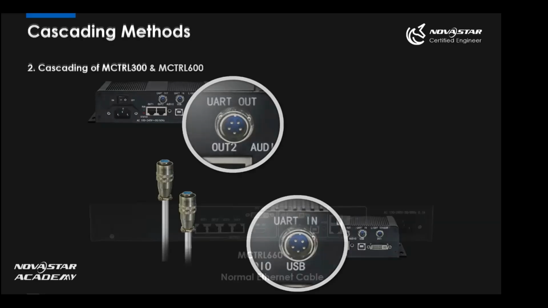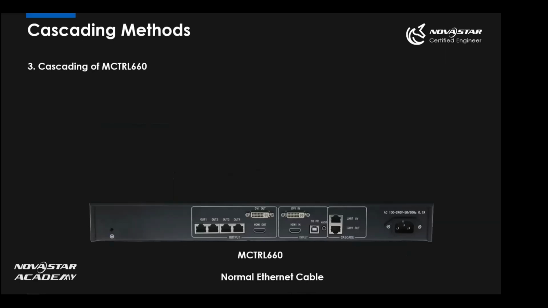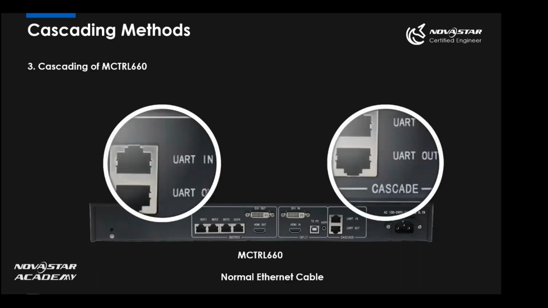The third one is the M Control 660. This device has an LCD panel on the front side compared with the M Control 600. And the cascading interface is also different.